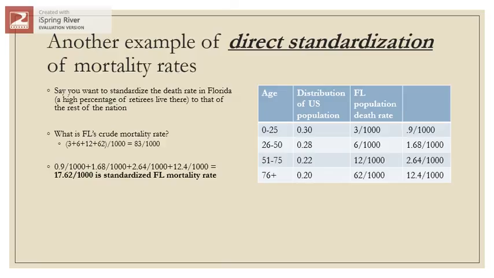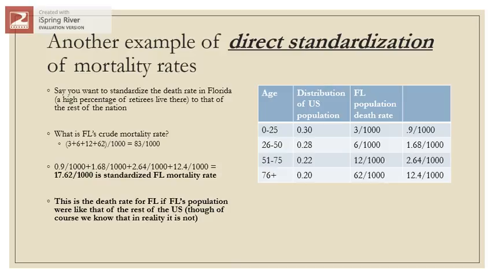Then we add 0.9, 1.68, 2.64, and 12.4 together, and you come up with 17.62 per 1,000 as the standardized Florida mortality rate. So 83 versus 17.62. Those numbers are really different. It's very important that we standardize based on age.